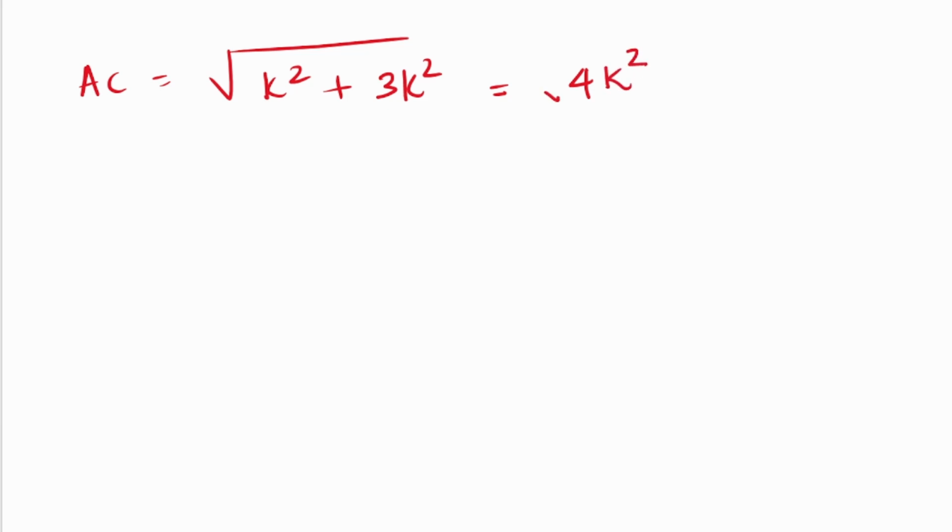So we'll get AC as the root of K square plus root 3 square, which is 3, into K square. So we'll get the root of 4K square, and the root of 4K square is 2K. We got the value of AC, and we'll find out what sin A is.